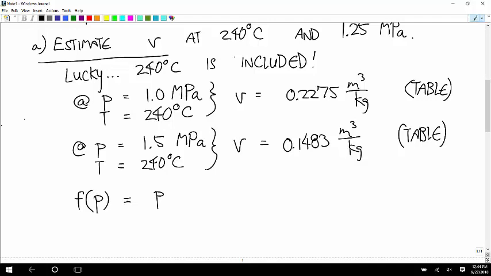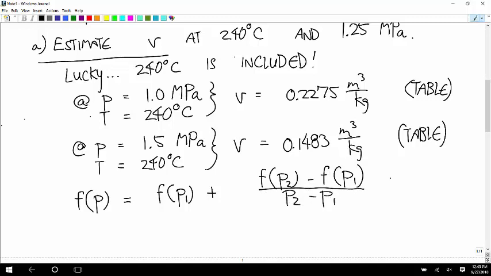And that's equal to the function value at pressure 1, plus the function value at pressure 2 minus the function value at pressure 1, divided by pressure 2 minus pressure 1, times delta P. Okay, so the specific volume at 1.25 megapascals, this isn't exact, this is an approximation.